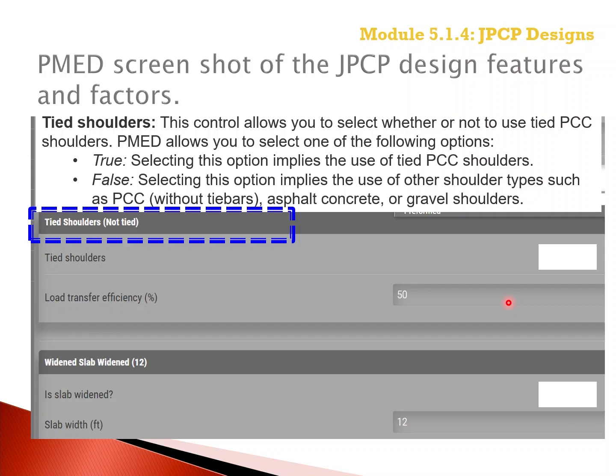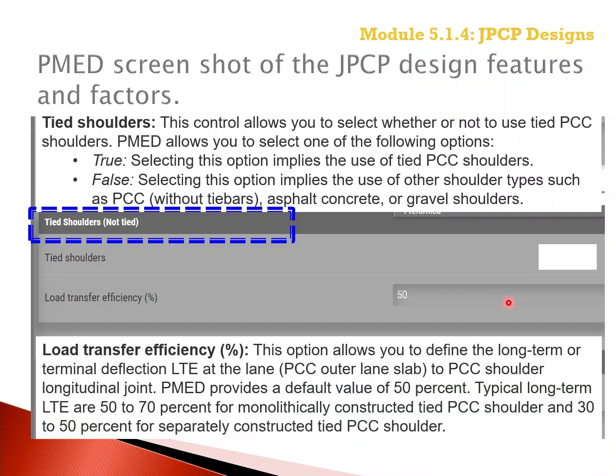The PMED software allows you to select true, meaning you're going to have tied shoulders, or false, meaning there are no tied shoulders present. In other words, no tie bars connecting the PCC slab to the shoulders, or we have different types of shoulders, asphalt concrete or gravel shoulders, or no shoulders.